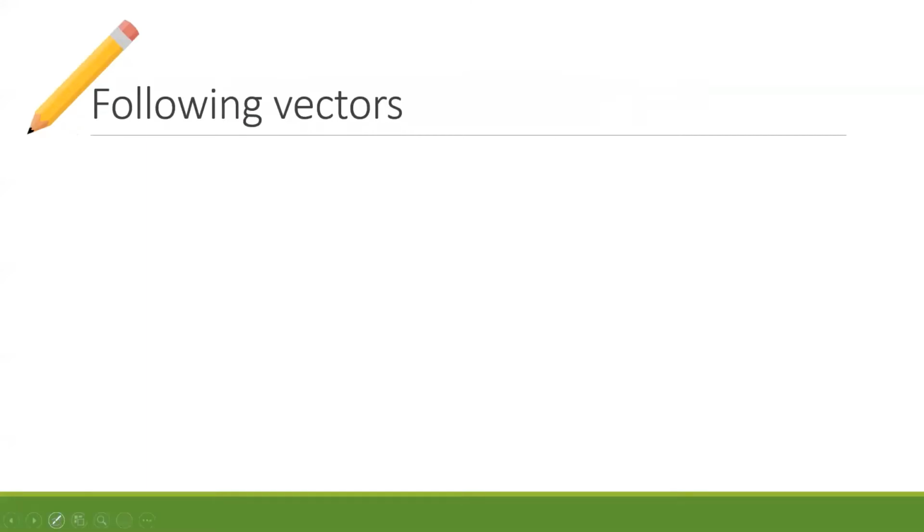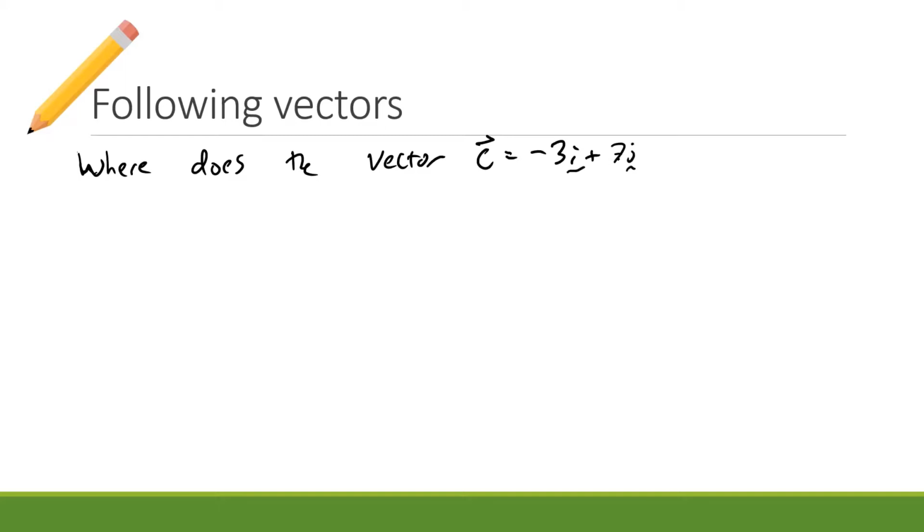We're going to follow, where does the vector C equals negative 3i plus 7j terminate?